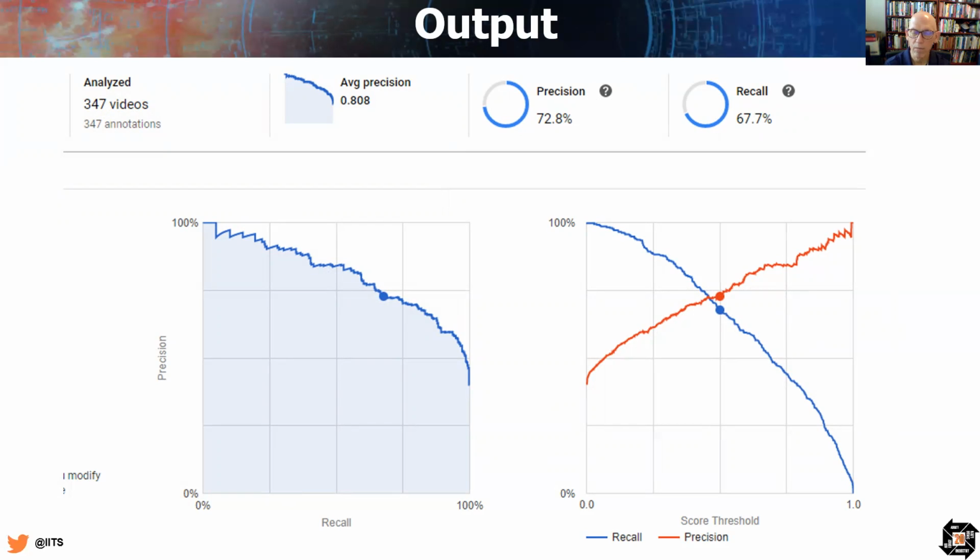So that's pretty good. And the AutoML feature of this online cloud service doesn't run just one fixed version of the model against your data.